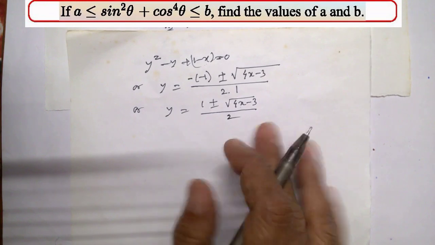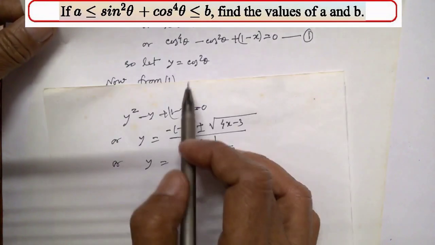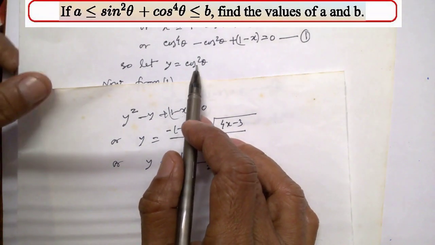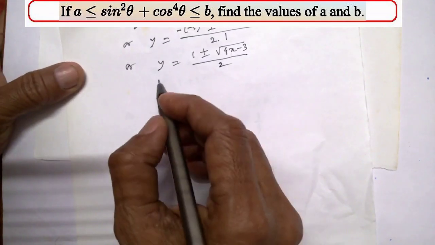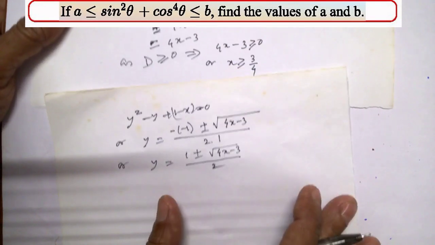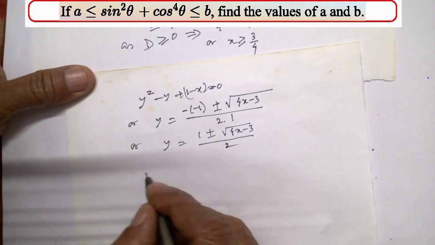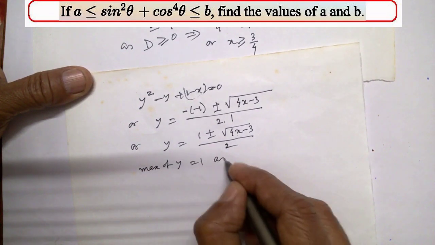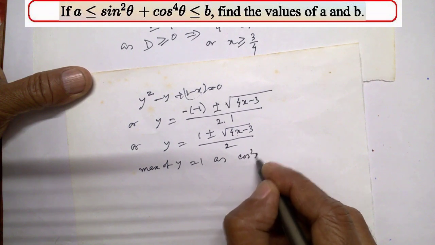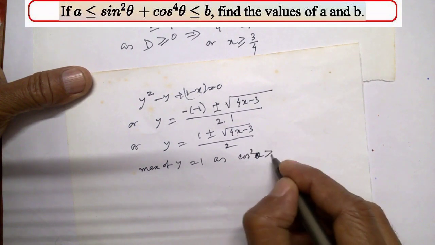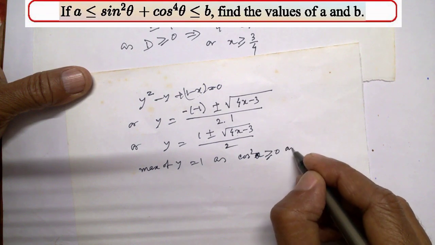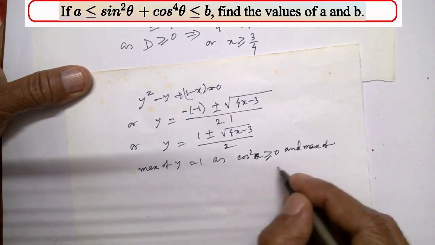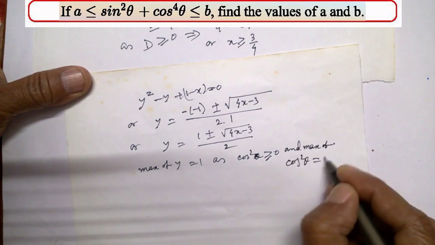See here y means cos square theta, and cos square theta is always positive. So the maximum value of y is equal to 1, as cos square theta is equal to 1.